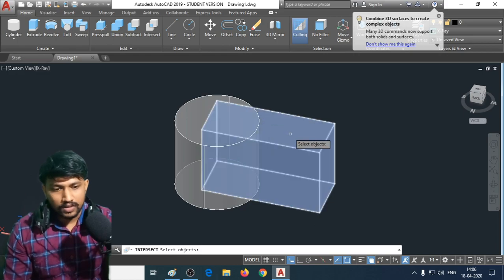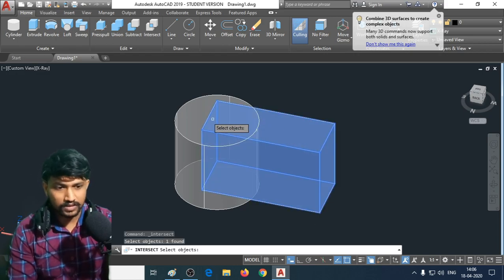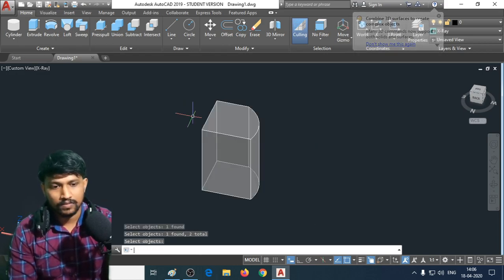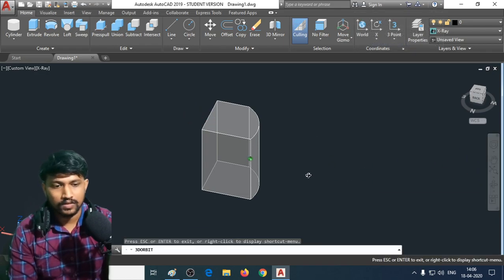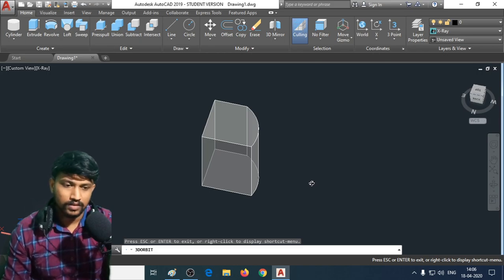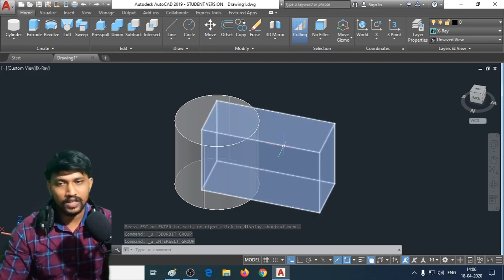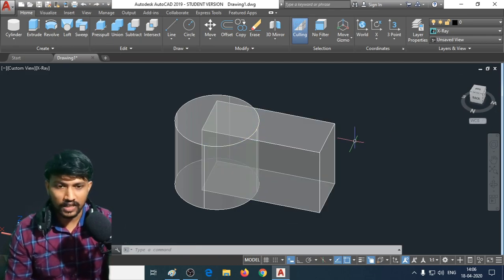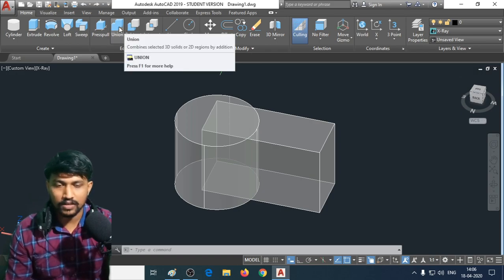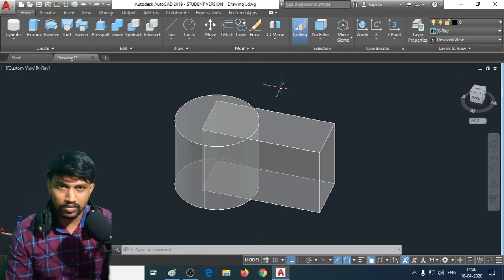In this one, you can select the objects, press enter. Okay, so this is the intersection of both of these objects. So we can select them at a time. Unlike the union command and the subtract command, we can select both the objects at a time.